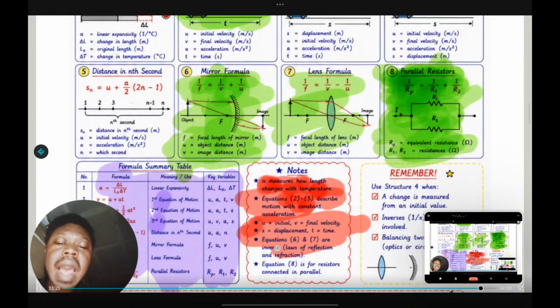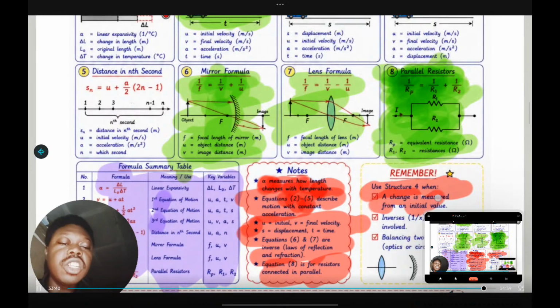Equations 6 and 7 are the laws of reflection and refraction. Equation 8 is for resistors connected in parallel. So remember, use structure 4 when a change is measured from an initial value, or when inverses, 1 over x, are involved. So you use them in balancing two sides, either in optics or in electric circuits.